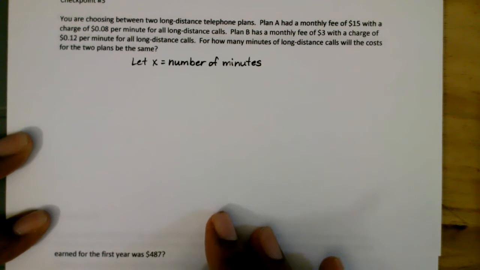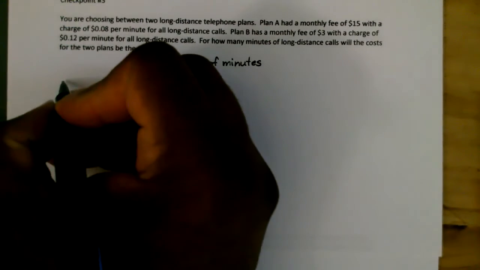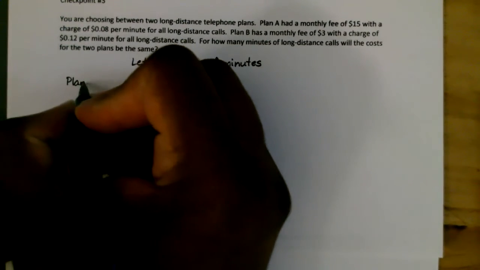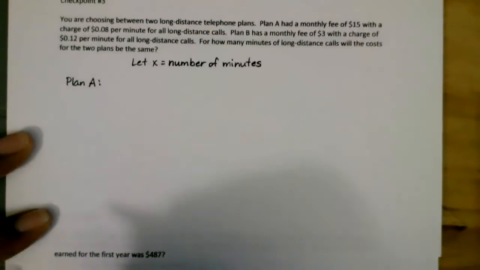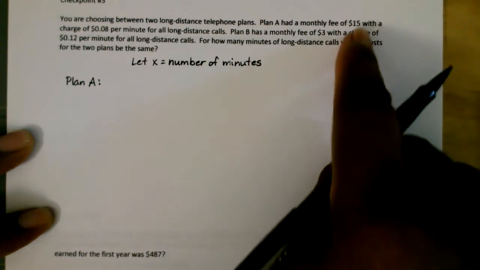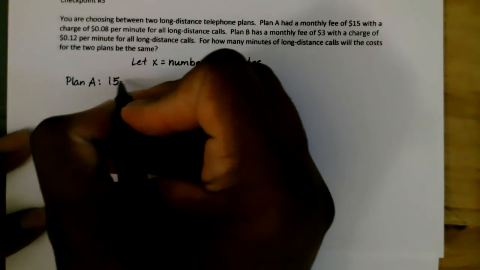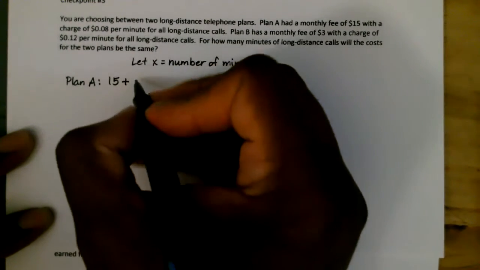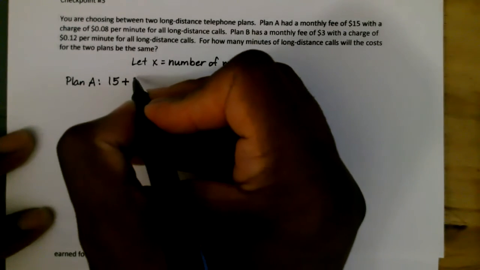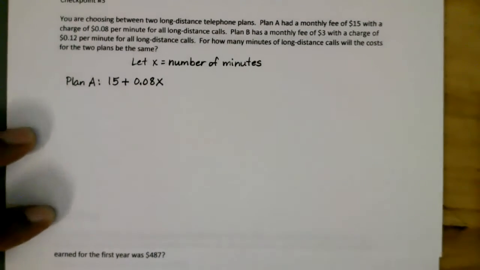So in this case here, we're told that plan A, I'm going to write here plan A. I'm going to write the algebraic expression for that. So it says here, plan A has a monthly fee of $15 with a charge of 8 cents per minute. So algebraically, I can write that as 15 plus a charge of 8 cents per minute would be 0.08 times x.